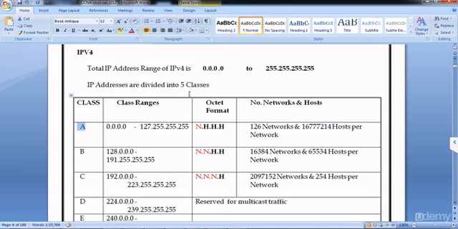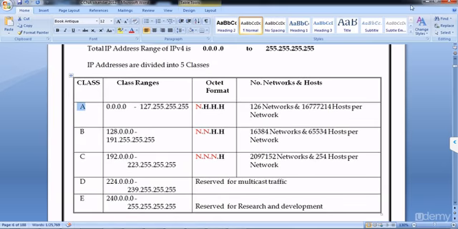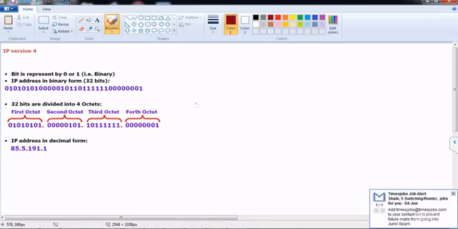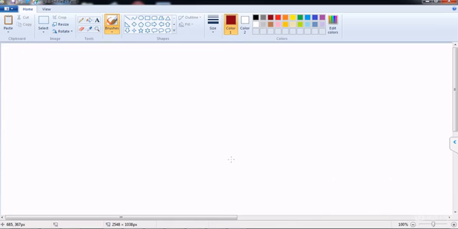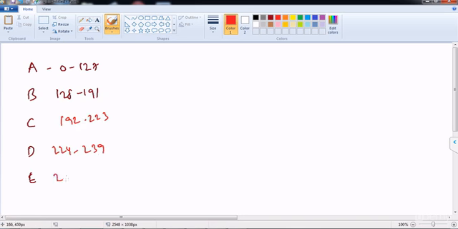Let me write it down clearly: A class, B class, C, D and E classes. 0 to 127 is A class, 128 to 191 is B class, 192 to 223 is C class, 224 to 239 is D class, and 240 to 255 is E class.